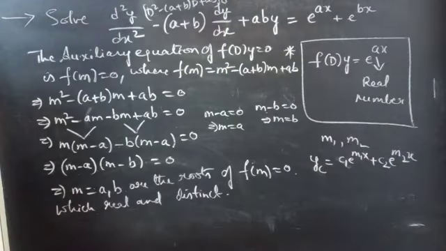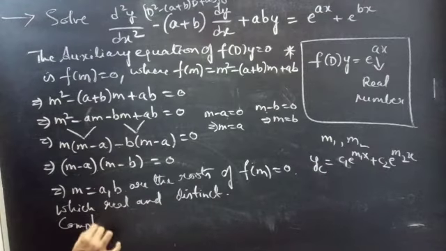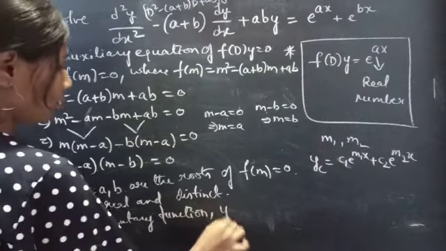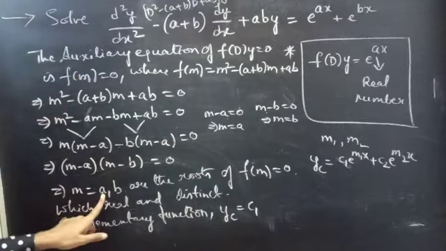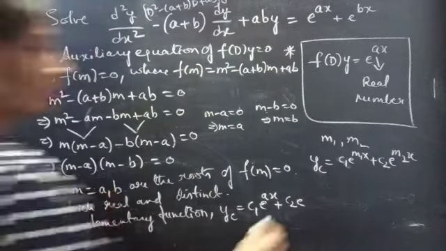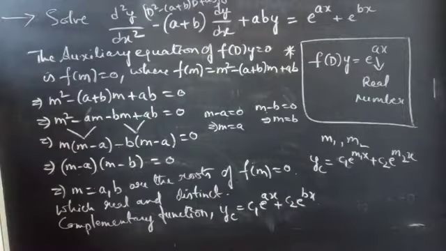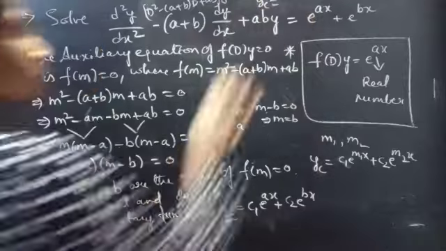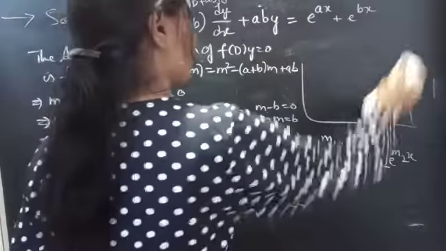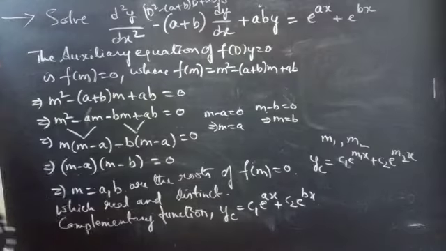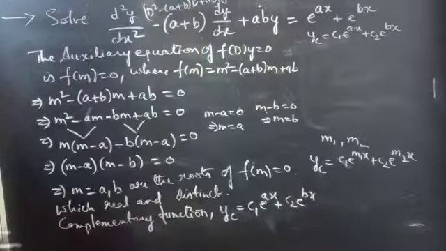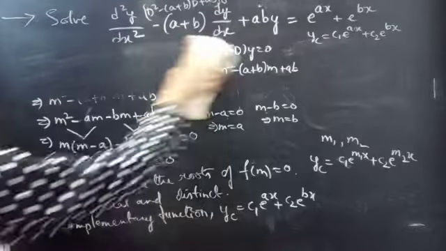So here the complementary function is given by yc equals c1 e power ax plus c2 e power bx. Now let's find the particular integral.